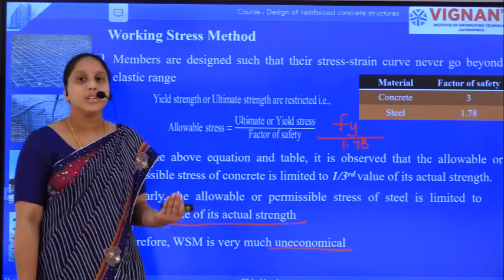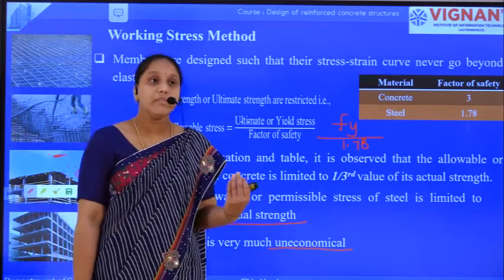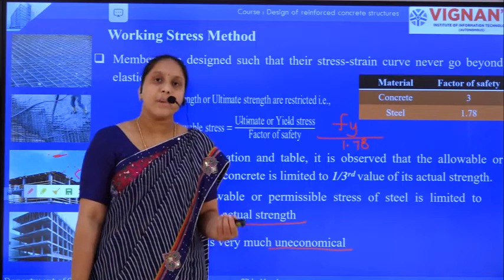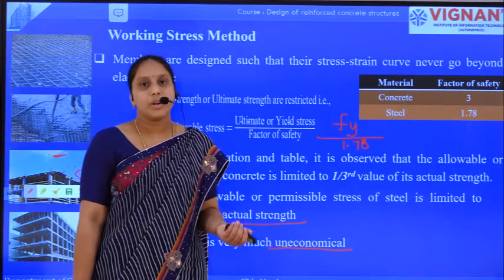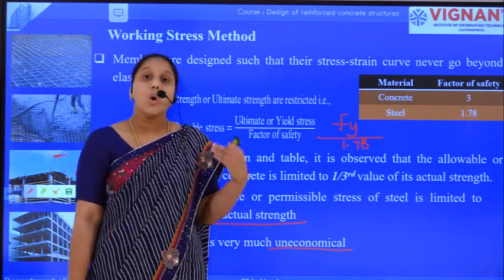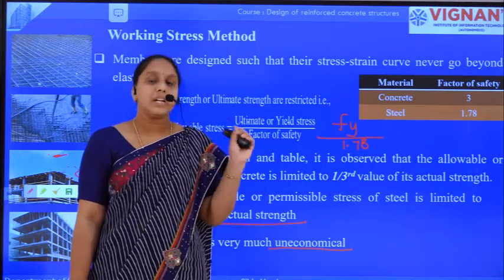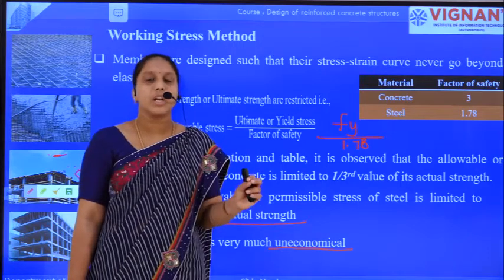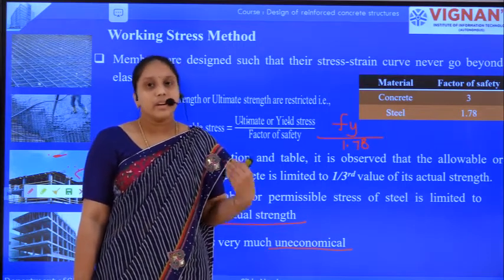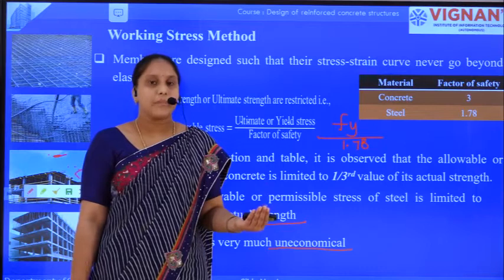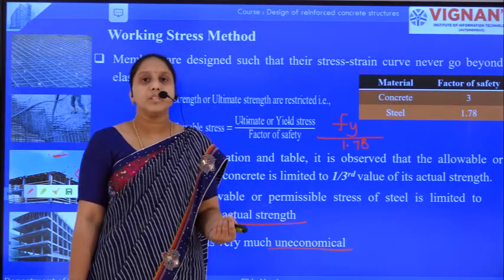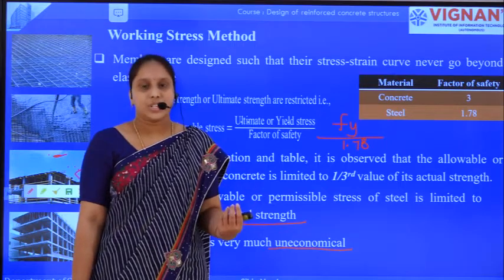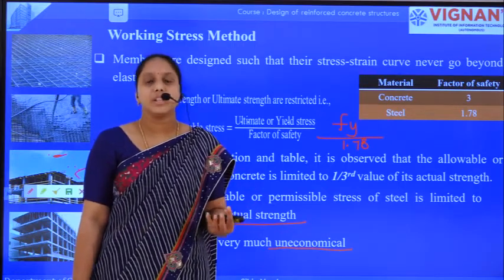In the working stress method, they reduce the material strength by dividing it with a suitable factor of safety for the working loads. Here the ultimate load is not considered, only the working load. For the working load only they design the members, and they design for the limiting permissible stresses. That is, they decrease the material strength and design for that.